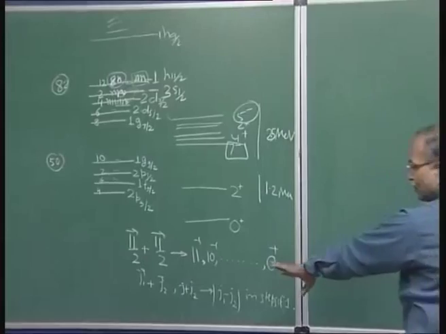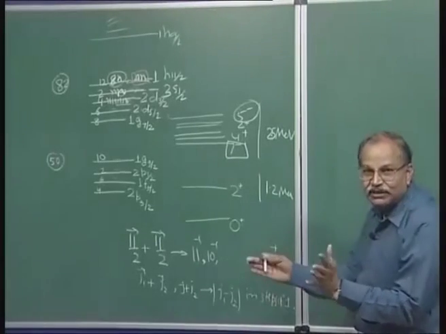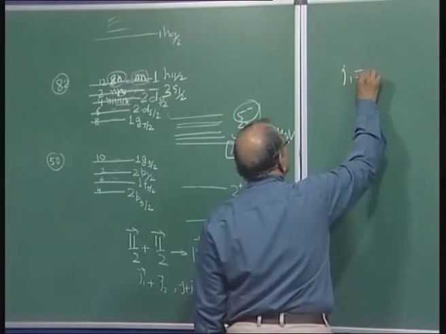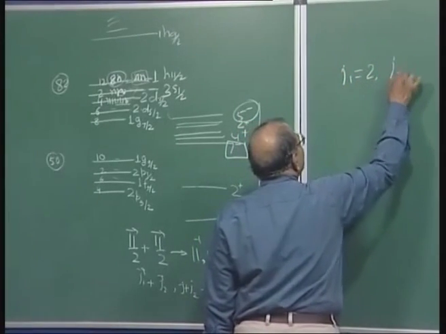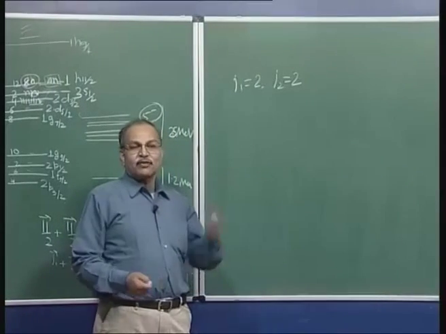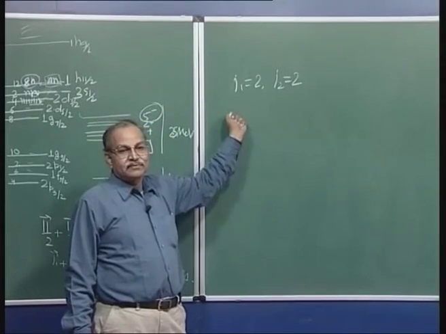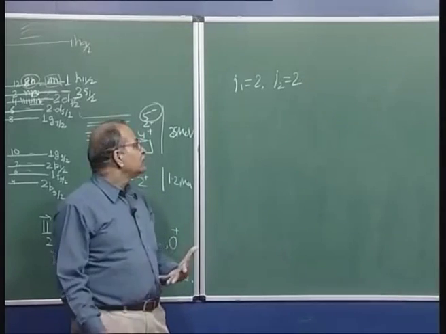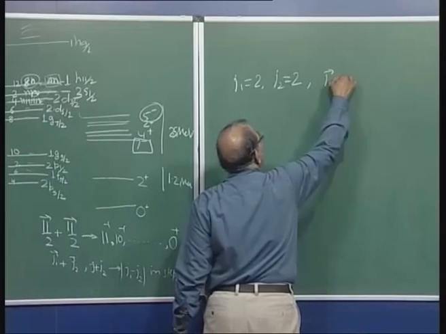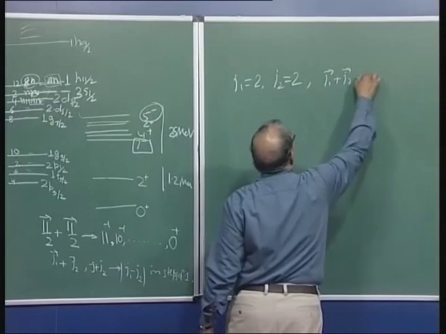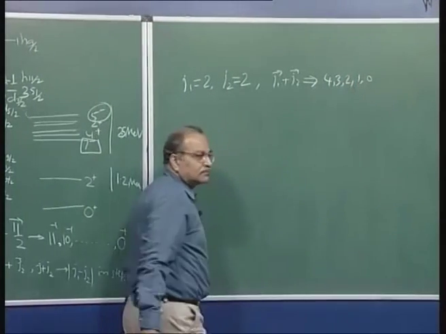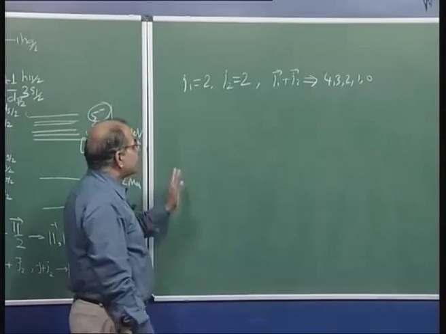We were talking about 11 by 2 and 11 by 2, but to keep things simpler, let me suppose J1 is 2 and J2 is also 2. In principle they can combine to 4, 3, 2, 1 and 0, but let us see.